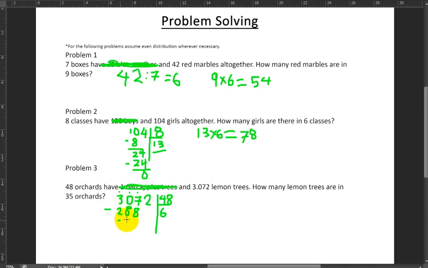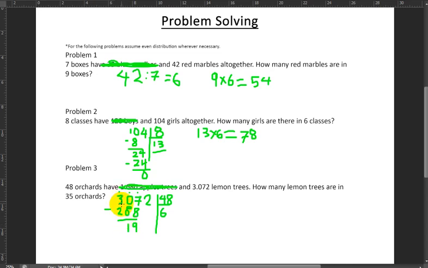I do the subtraction. 7 take away 8, I can't do that, so I borrow, and I do 17 take away 8, which makes 9. 0 take away, not 8, because I borrowed, so 9. Can't do that, so I have to borrow again. So 10 take away 9, sorry, see, I forgot it as well.